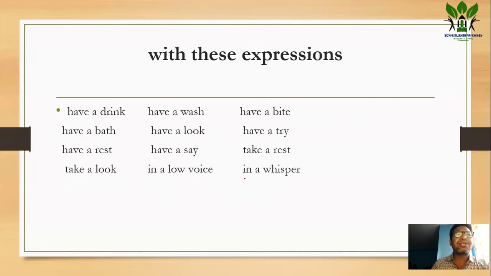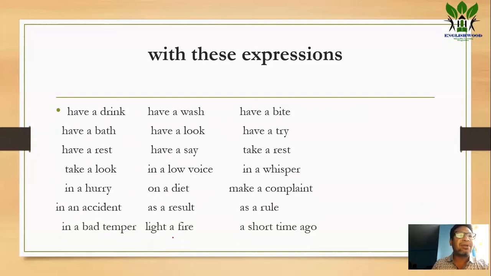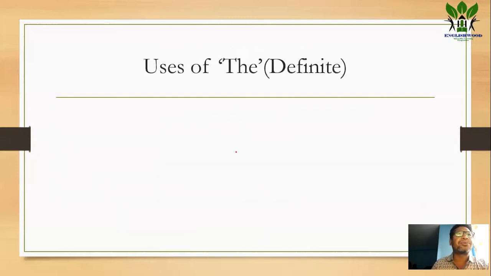In a low voice, in a whisper, in a hurry, on a diet, I'm on a diet, make a complaint. In an accident, as a result, as a rule. In a bad temper, light a fire, a short time ago.